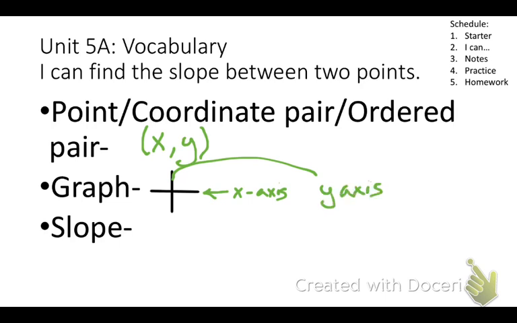And the last word on our thing is slope. A couple of other things mean slope. We have that letter M. We also have the change in y divided by the change of x. We also have the rate of change.